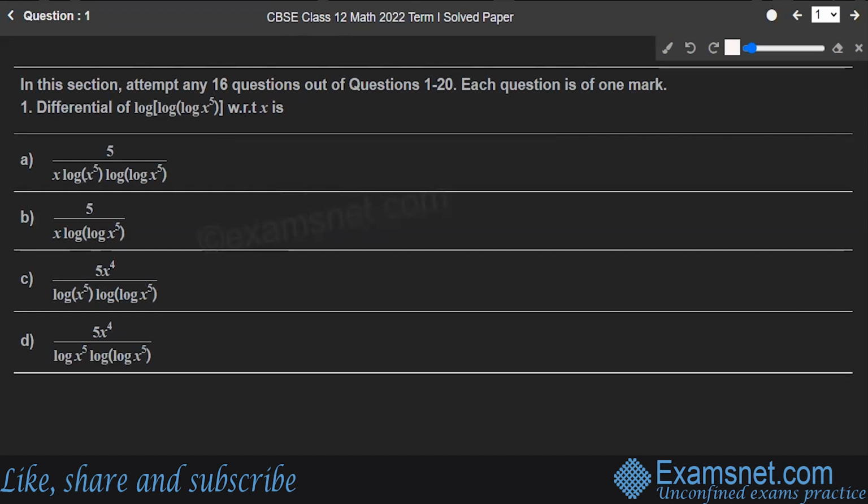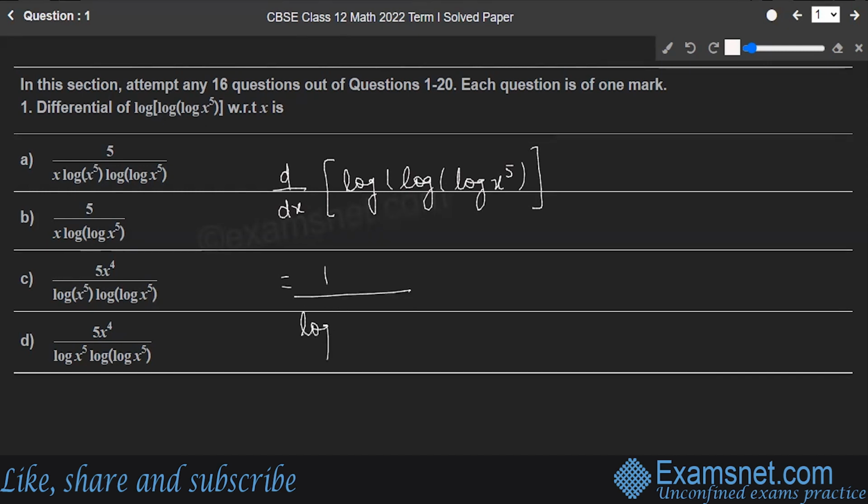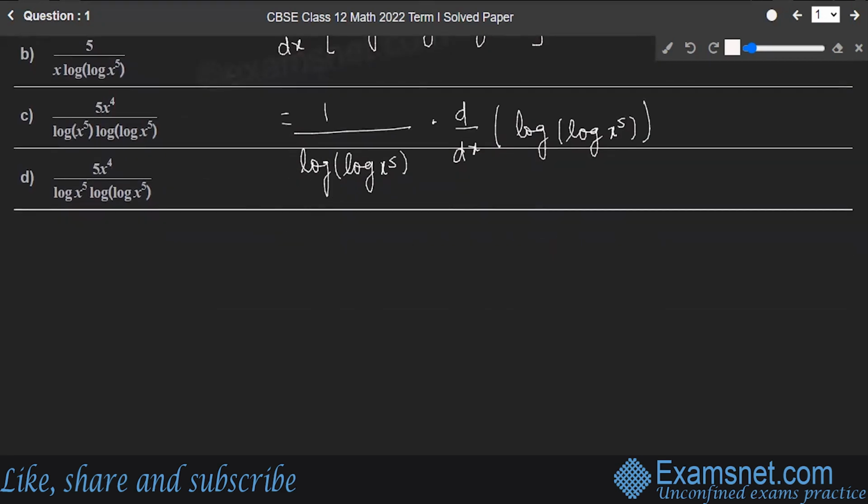The first derivative will be given by 1 upon log of log x raised to power 5 into the derivative of log x raised to power 5. Next, this will remain as such.